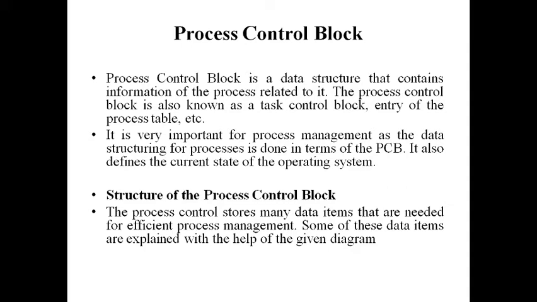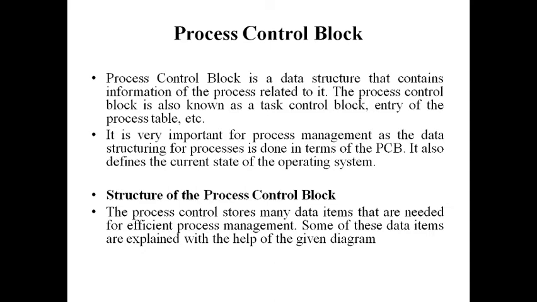The structure of the process control block. The process control block stores many data items that are needed for efficient process management. Some of these data items are explained with the help of a diagram. A single process control block will store many data items of the process.